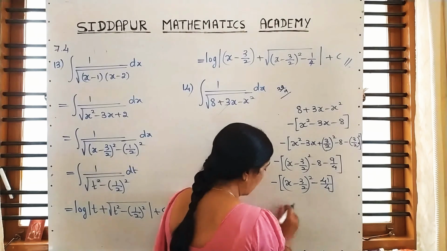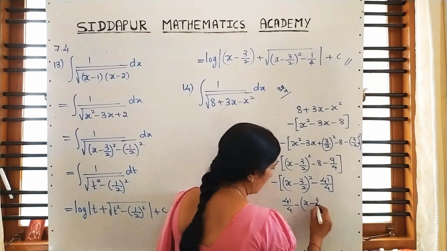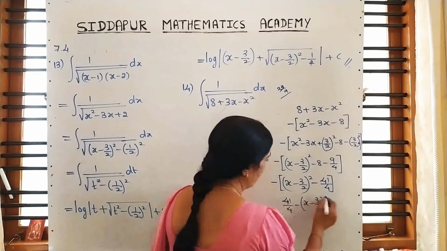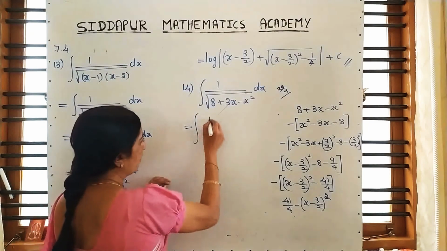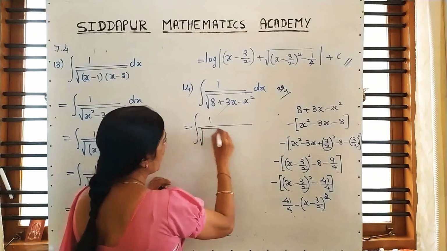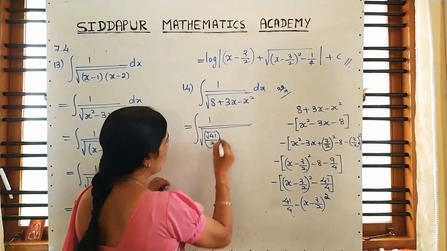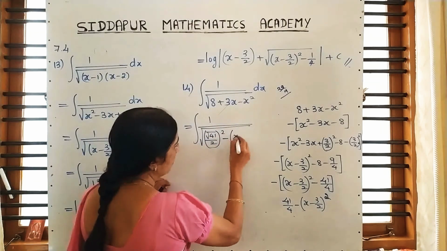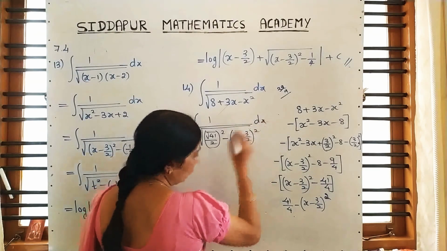When you take minus inside, 41 by 4 minus (x minus 3 by 2) whole square. And you are familiar, 41 by 4 we have to write as a perfect square. So (root 41 upon 2) whole square minus (x minus 3 by 2) whole square dx.